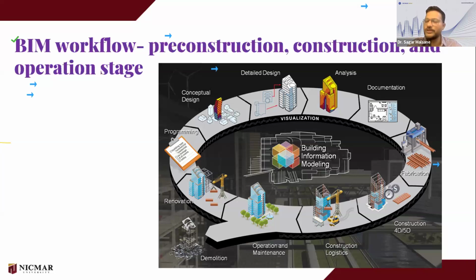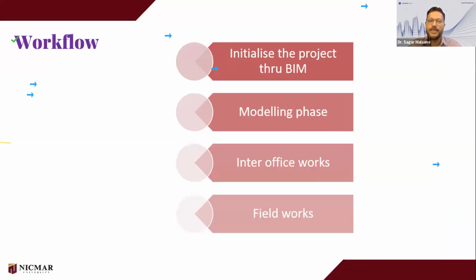So the information has only one single source of truth, and that information is always updated, or is expected to be updated, so that different project participants have access to the same information all the time. Okay, so it takes out a lot of errors and mistakes which happen at industry level.